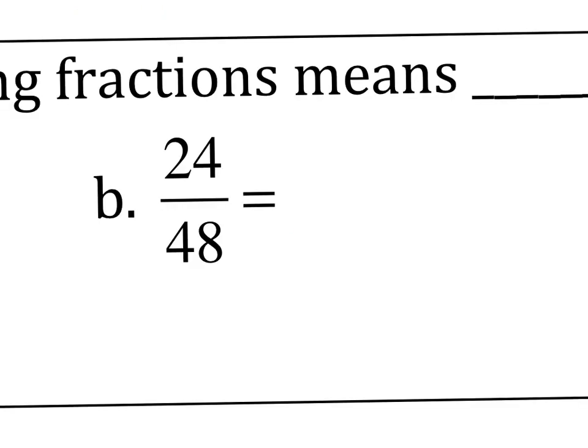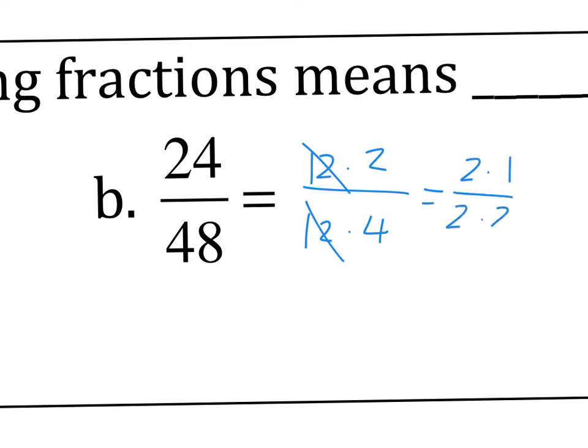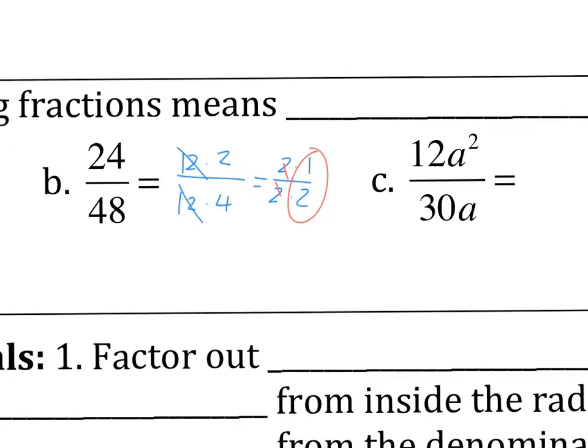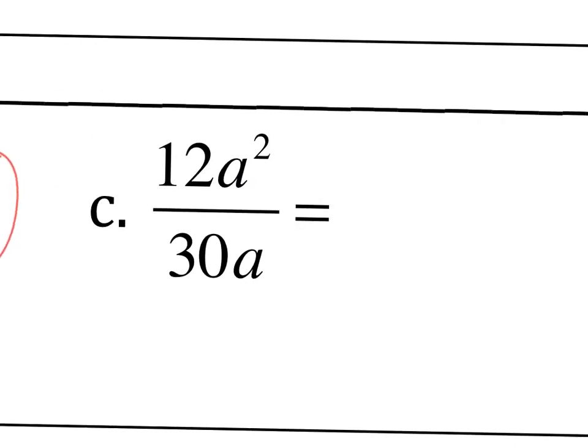Notice this one can be 12 times 2 and 12 times 4. So there's my first step: the 12 is reduced to 1. And 2 times 1, 2 times 2, so again the 2's drop out, and I end up with 1/2. That's not the only way to have done it, but that is one process. We just keep finding the common factors between the numerator and denominator, which includes A's and B's.